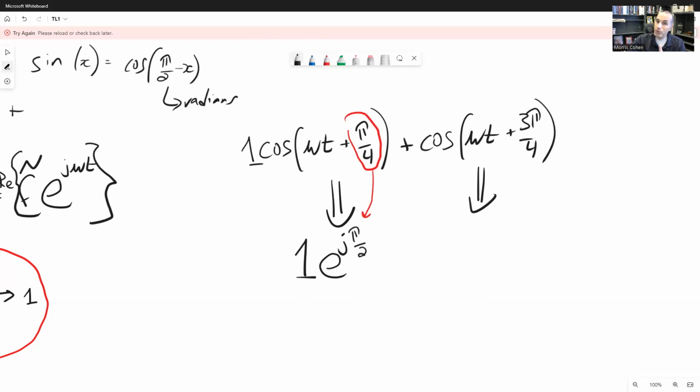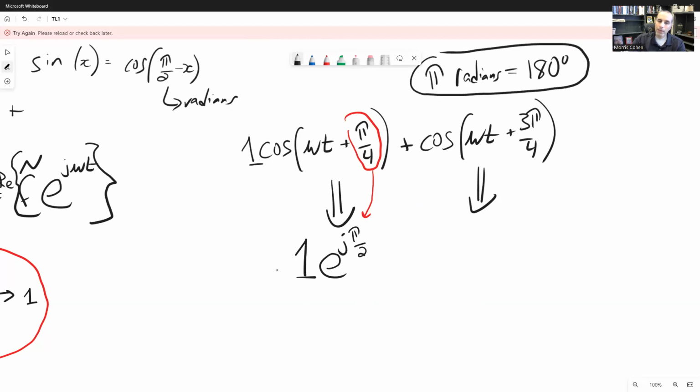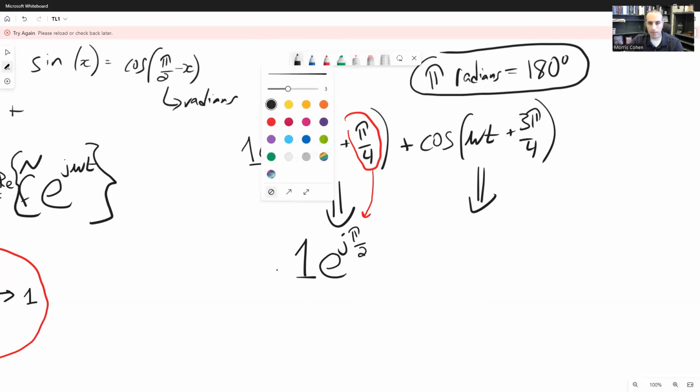Very important, everything is in radians at this point. We're sticking with radians, and remember that pi radians equals 180 degrees. Now this number, e to the j pi over 4, is something you can directly evaluate. You can put it into a calculator, you can put it into MATLAB, and you'll get an answer. Sorry, I wrote a 2, that's actually a 4. Let me just erase that.